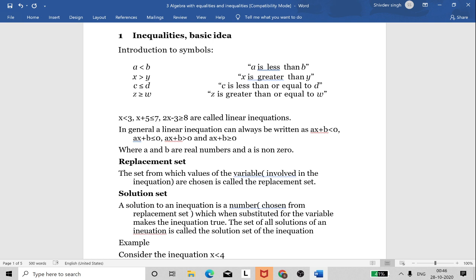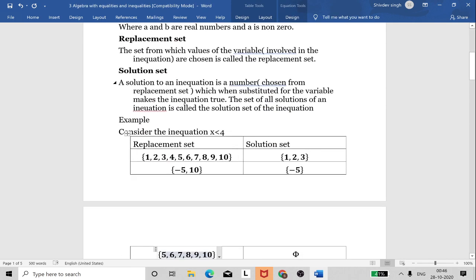A solution to an inequation is a number chosen from the replacement set which, when substituted for the variable, makes the inequation true. The set of all solutions of an inequation is called the solution set of the inequation.